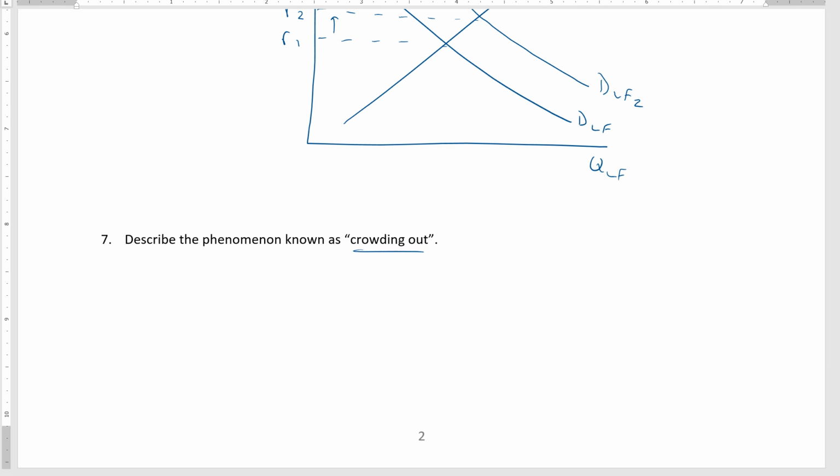And so that will result in crowding out. So remember, crowding out is when government borrowing reduces private spending. Okay?